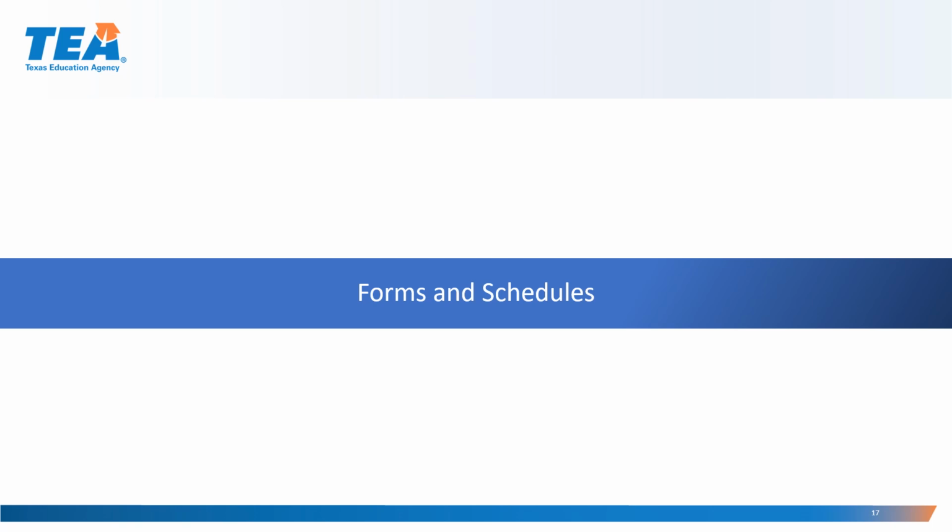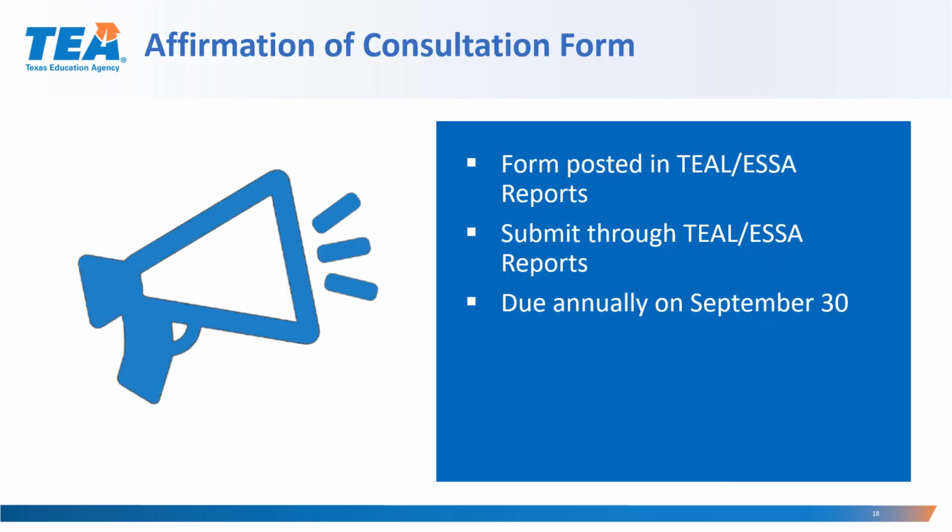I will share just a few forms and schedules that are related to equitable services. The affirmation of consultation forms are located in TEAL ESSA reports as well as on the PNP webpage. An affirmation of consultation form is required to be submitted through ESSA reports for all participating PNP schools.